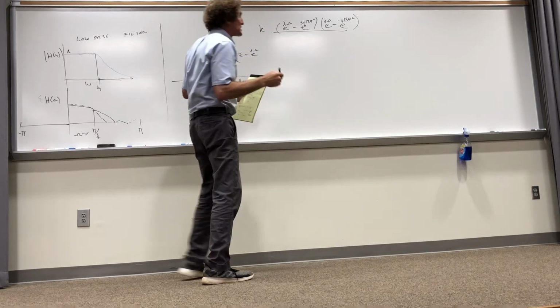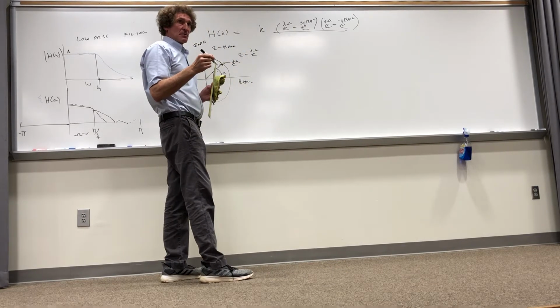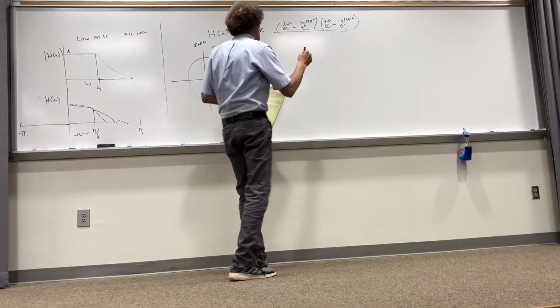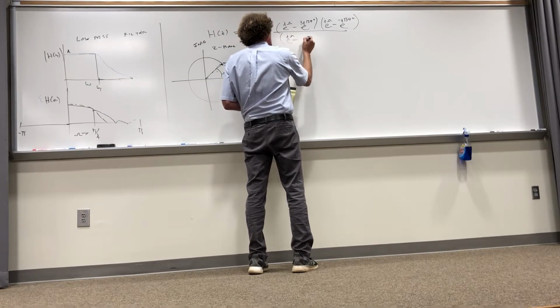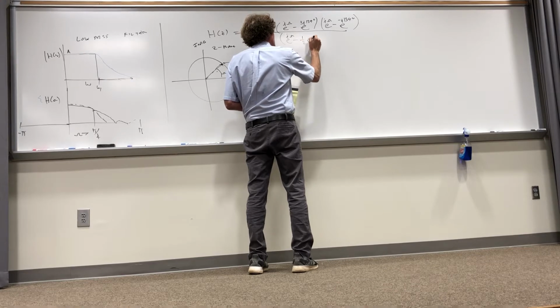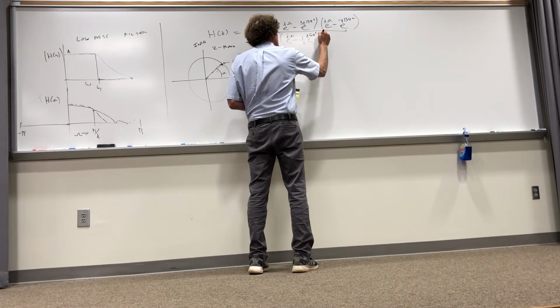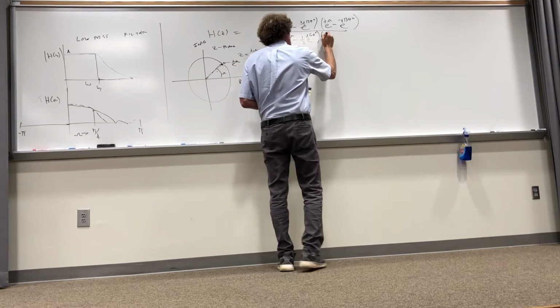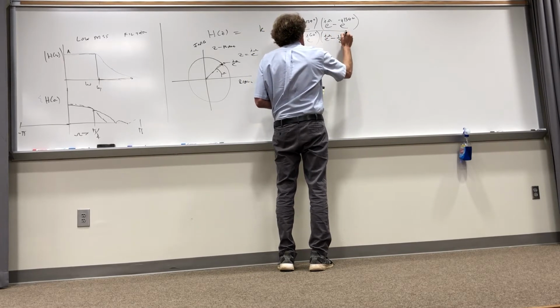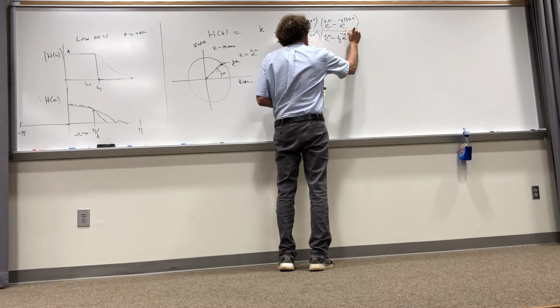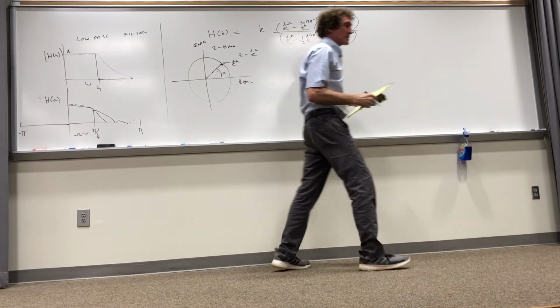The plus and minus j 139 are conjugate zeros, pardon. And down here I'm going to have e to the j omega minus 1/2 e to the j 60 degrees, and e to the j omega minus 1/2 e to the minus j 60 degrees. I'll explain something about this.